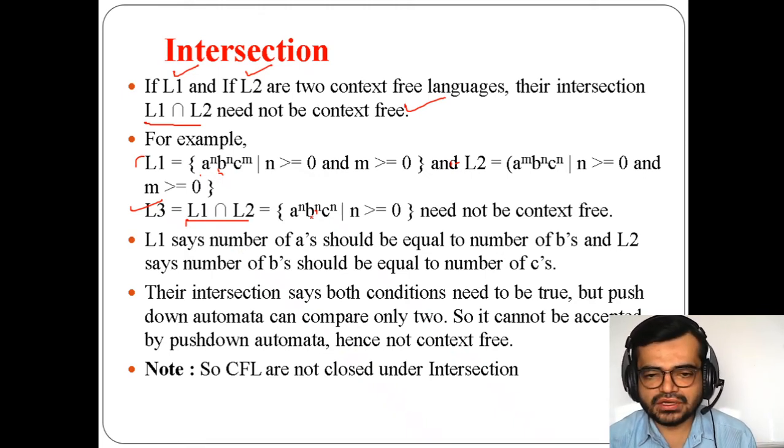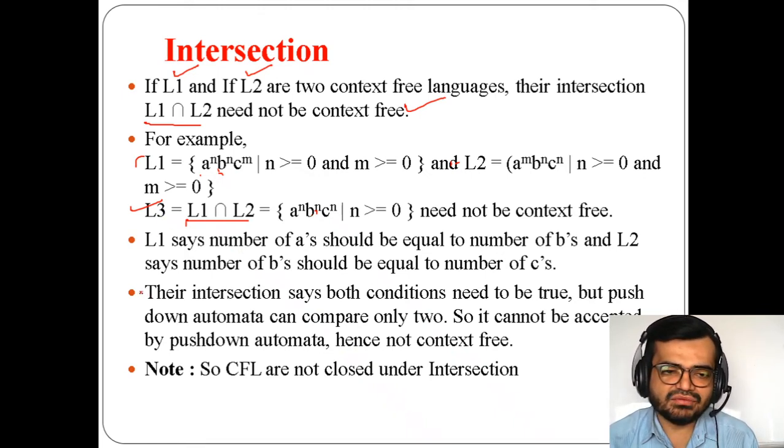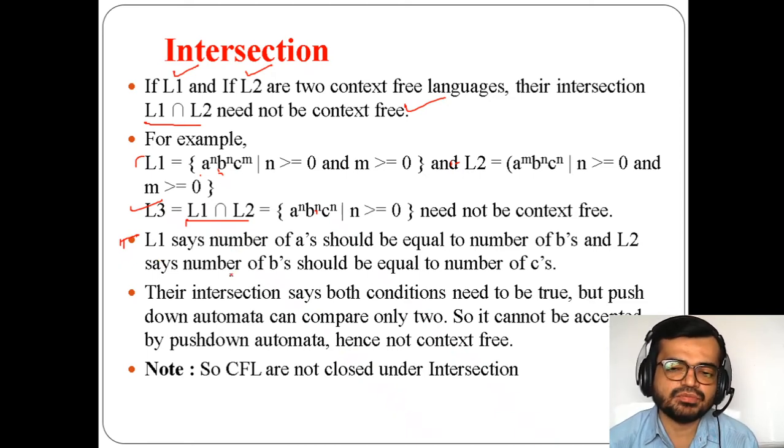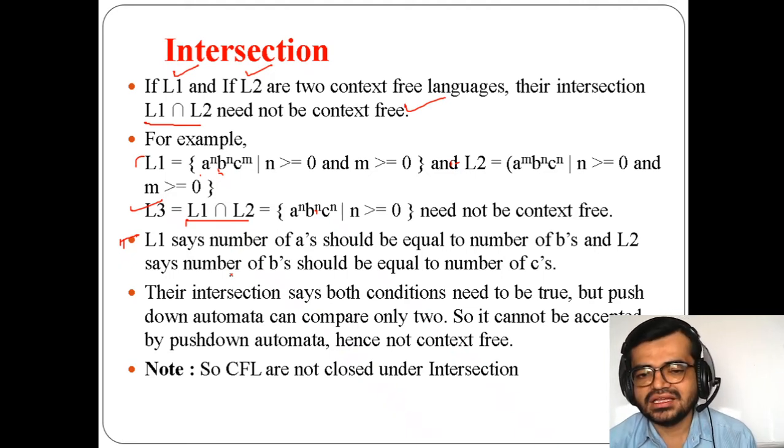So as you know, L1 says that we have an equal number of A's and B's. That means A and B should be equal in number, and L2 should have B's and C's in equal numbers. The intersection says that both conditions need to be true.